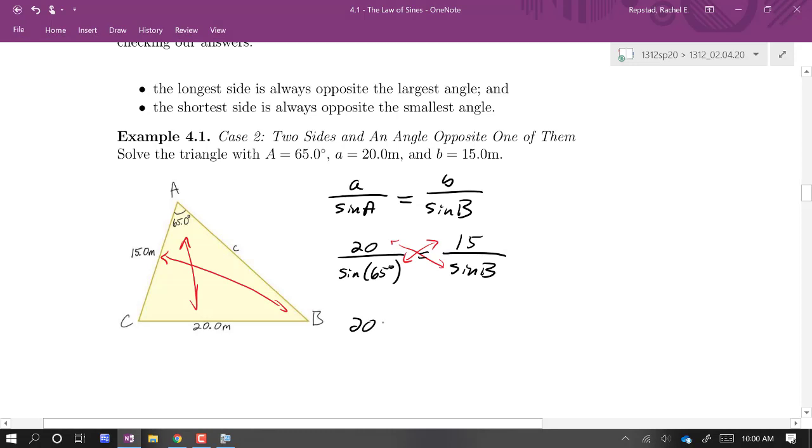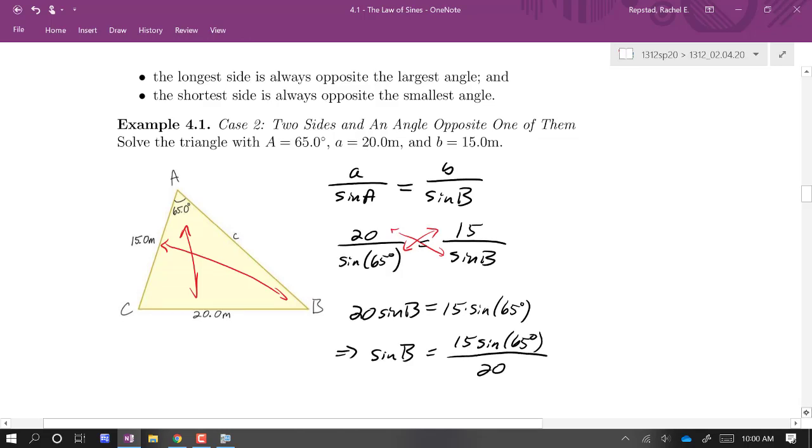So we get 20 times sine B is equal to 15 times sine of 65. Then just divide by 20 on both sides. So sine B is equal to 15 times sine of 65 degrees over 20.